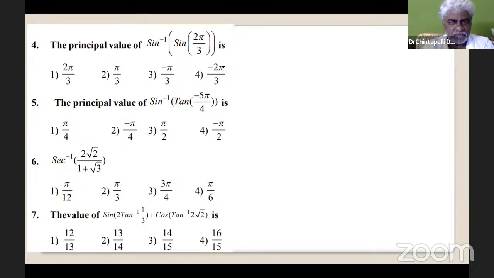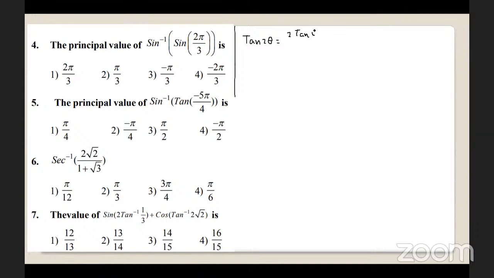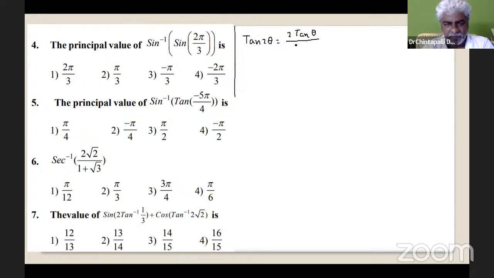Now, I'm telling you some formulae. These are very important formulae. We didn't reach that chapter, but we should know this. Tan 2 theta is equal to 2 tan theta by 1 minus tan square theta.